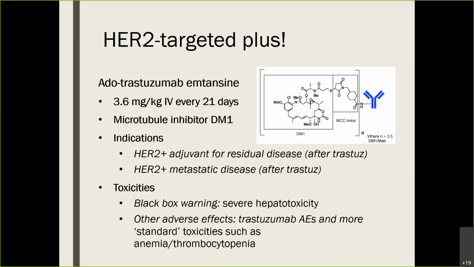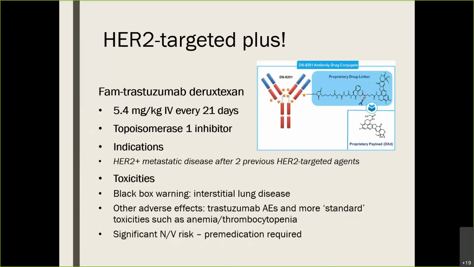And we do have some other adverse events. We have the trastuzumab-related adverse events, those cardiotoxicities and things like that. But we also have anemia and thrombocytopenia, more standard toxicities associated with what you would think to be more standard chemotherapy delivery.